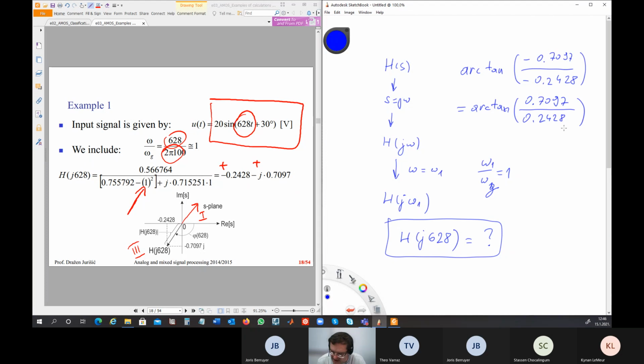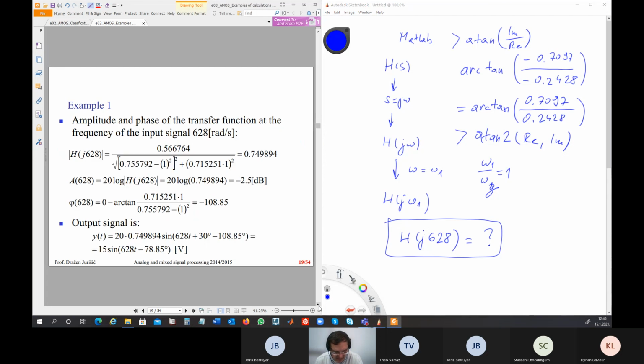So they will give you the same value, and you will not know if you are here or here. In MATLAB there is the function atan, but you also have atan2, where you give the real and imaginary parts. This is here imaginary over real. Split like this, then you know the position of your phase.